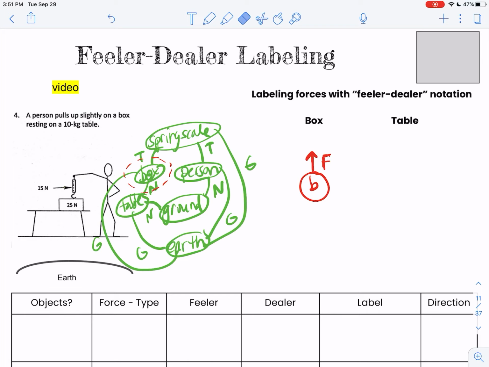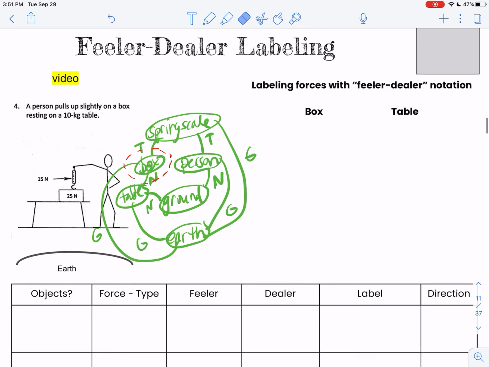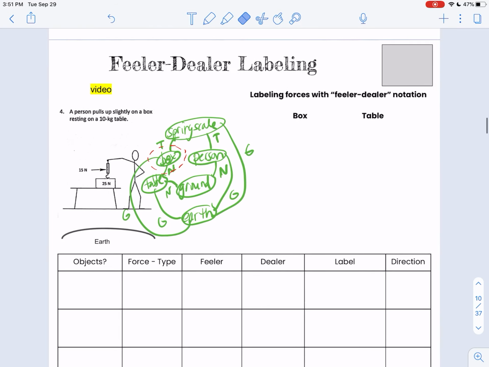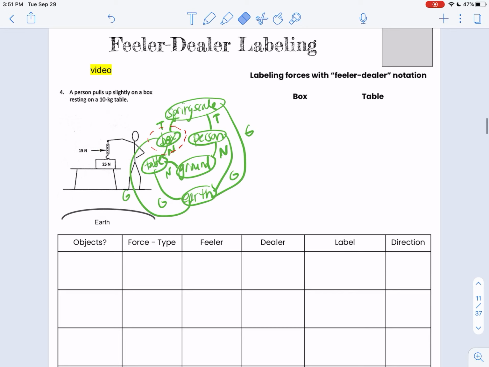Actually, I don't want to do this yet. Let me go down here. Let's look at the interactions first. So the objects are box and spring scale, and that is a tension force, so we're going to call that force tension, with a subscript capital T. And then we have feeler and dealer.